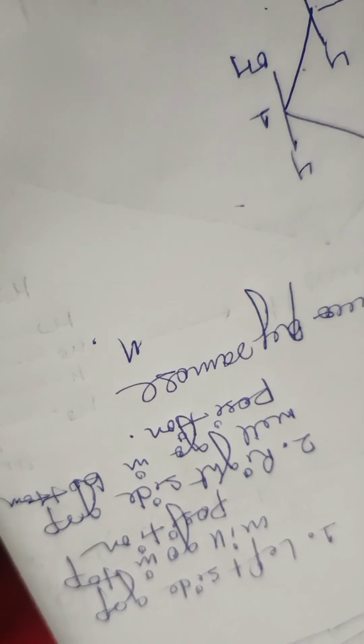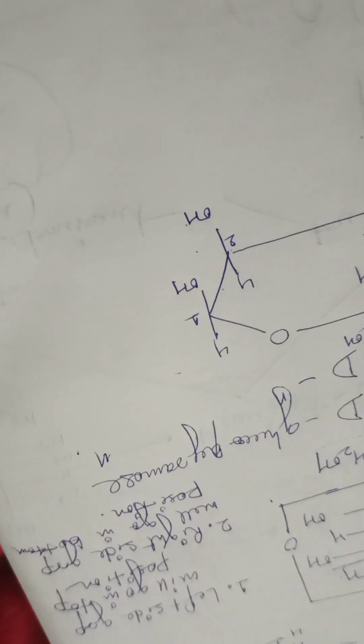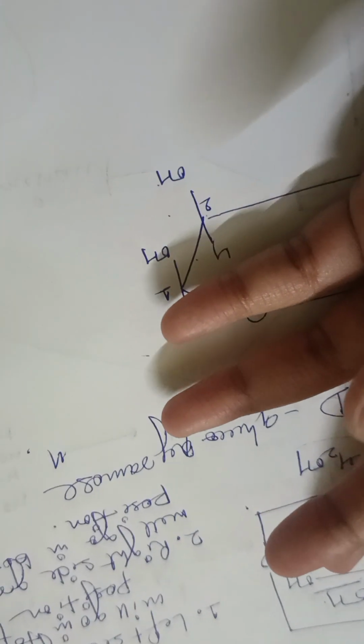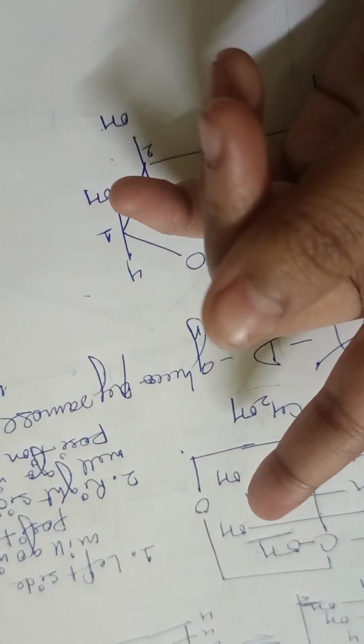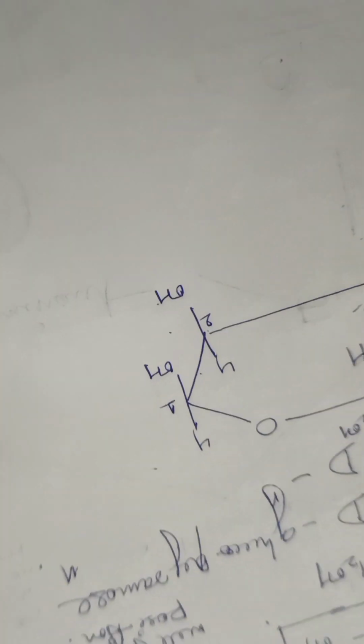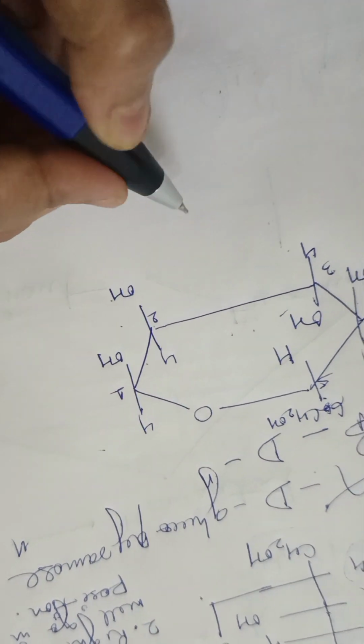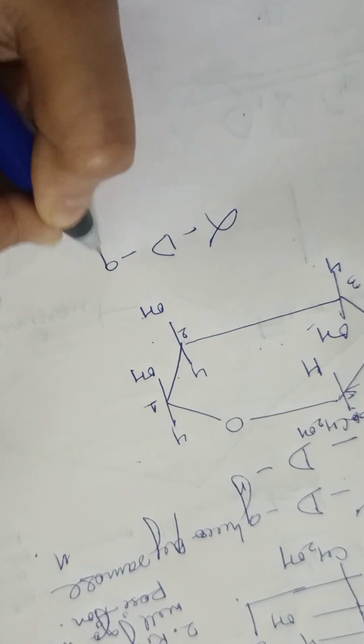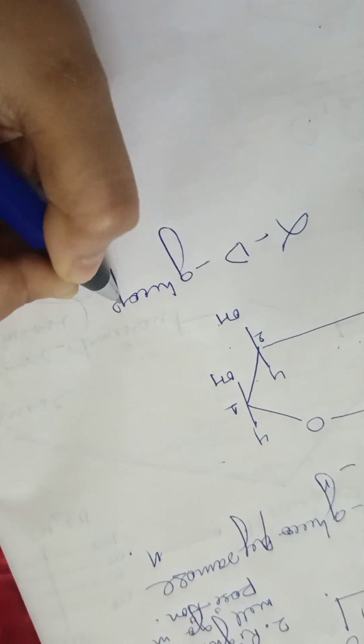Now as I told you, if OH is in the bottom, then it is alpha. Means if the first OH is on the right side in Fischer, then it is alpha. So if OH is in the bottom in the pyranose structure, then it is alpha-D-glucopyranose.